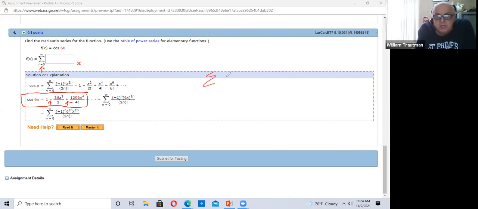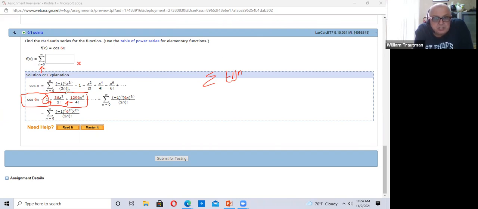So we know the summation is going to have -1 to the n power. As long as you have that alternating sign, you're going to have that -1 to the n power. It could be an n plus 1, depending on the numbers. It definitely looks like n power. And we're going to go from 0 to infinity. If we put a 0 in here, -1 to the 0 power equals 1. That's what we got here.